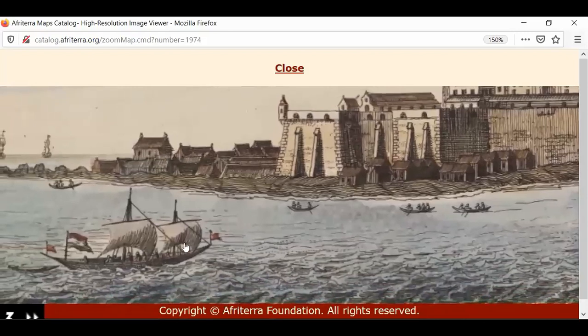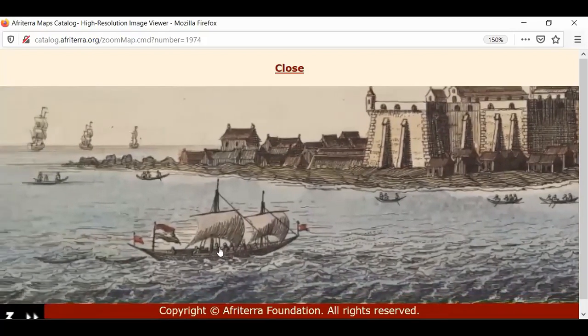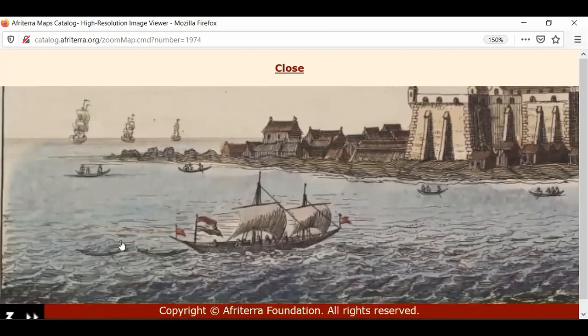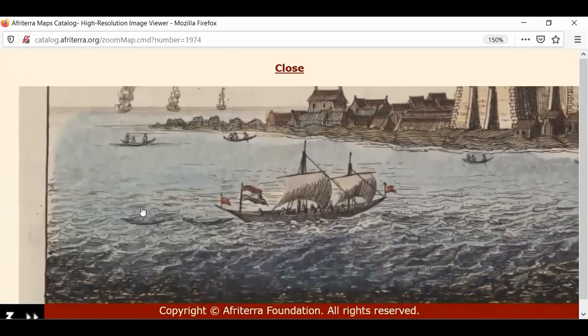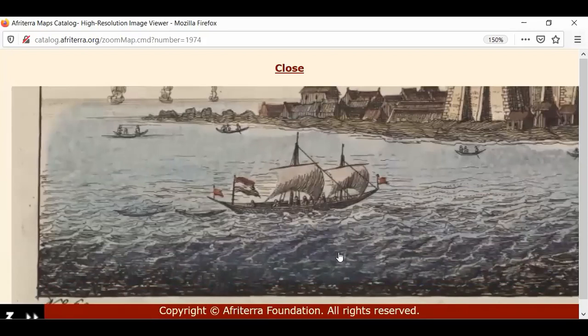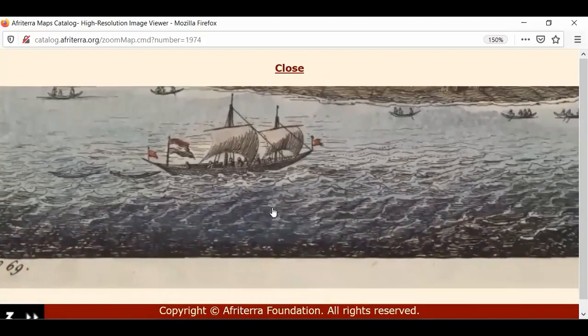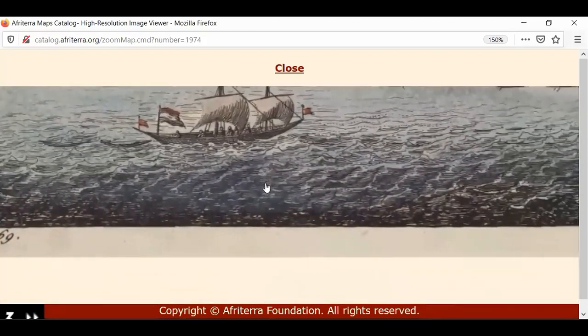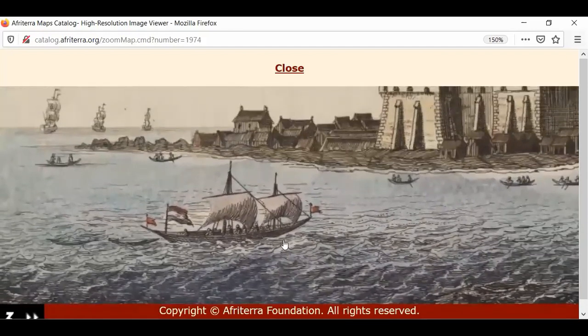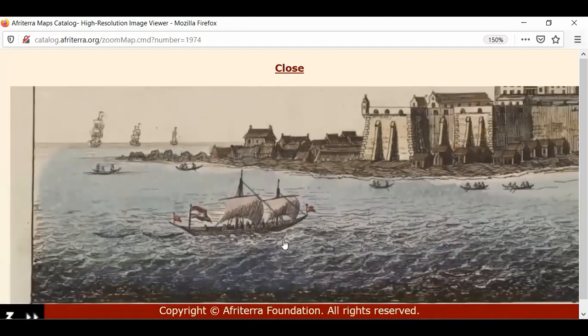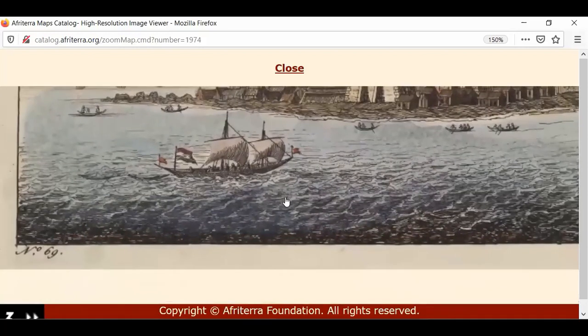commercial traffic back and forth under the Dutch flag of canoes, rather large canoes, some with sails, back and forth to the waiting ships. In fact, some of the details of these prints provide an extraordinary vision of what was going on at the time.